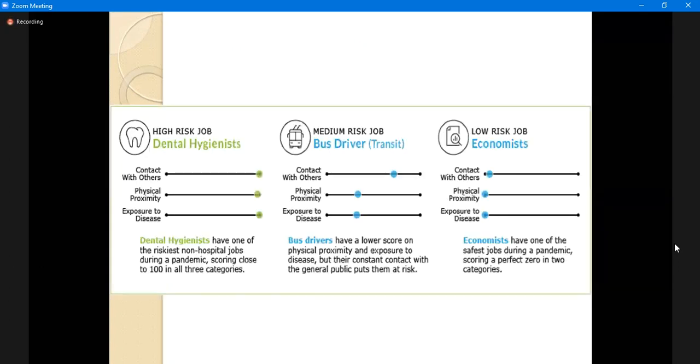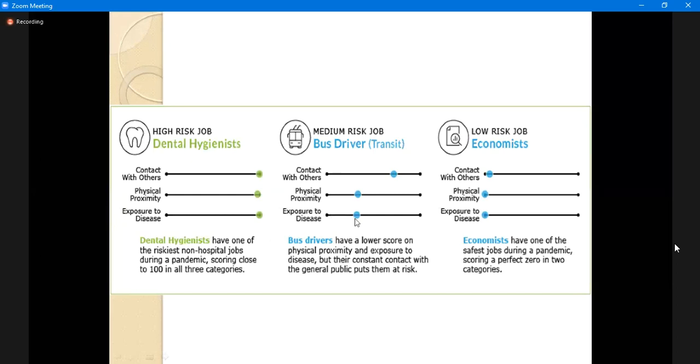So you can see in the first category, contact with others is maximum, and physical proximity is very close. They are very proximate to the people, and exposure to the disease is very high. Like dental hygiene people, among the frontline doctors, there is a special category of people who are really exposed to diseases. So these are what I call high risk. Then come to the next one.